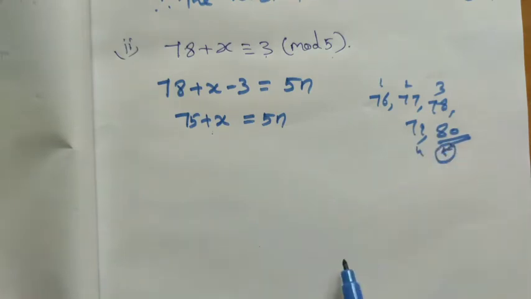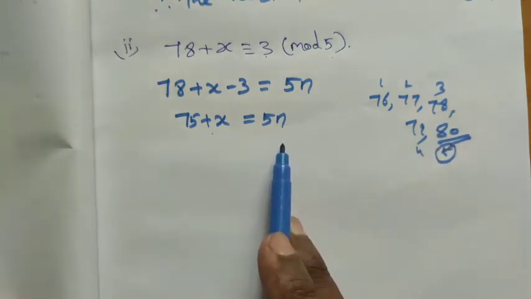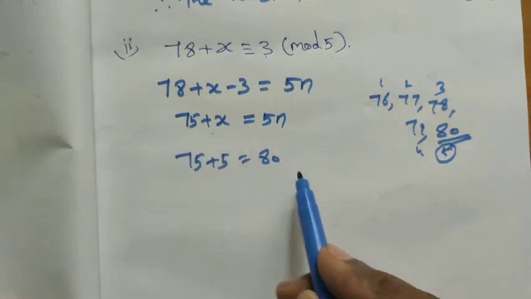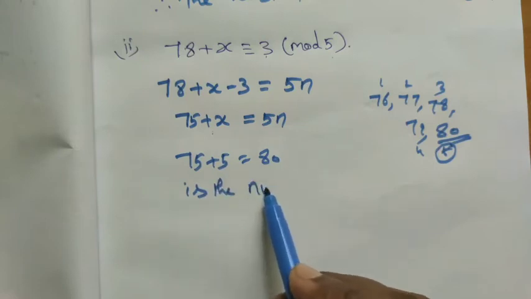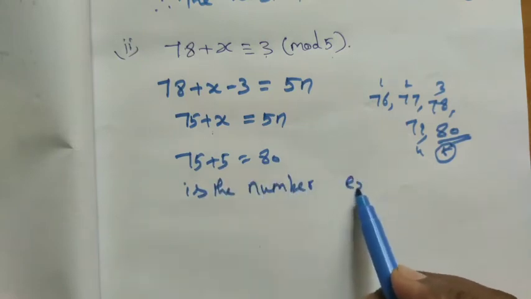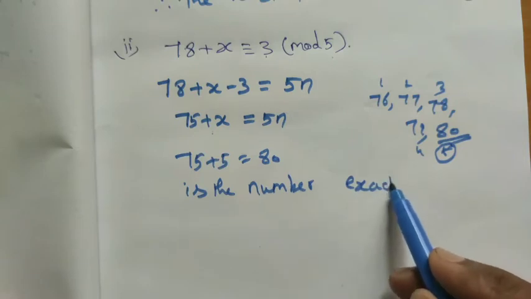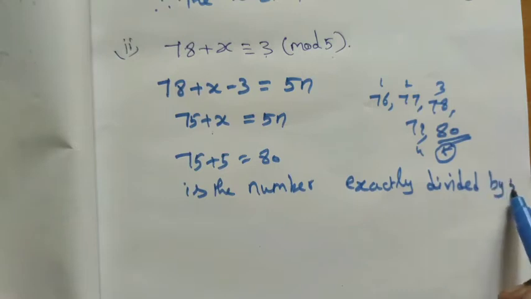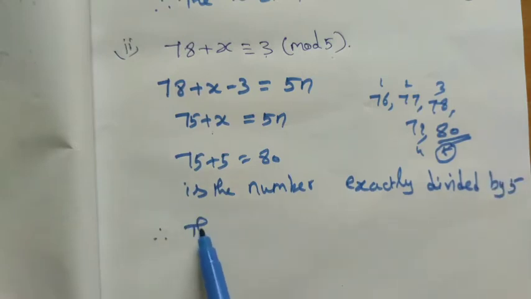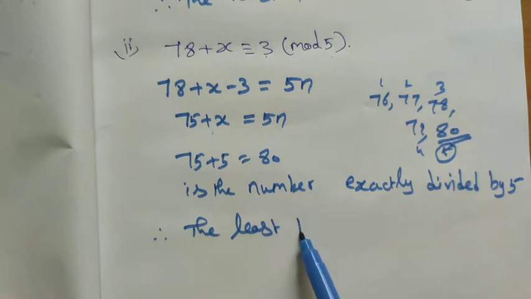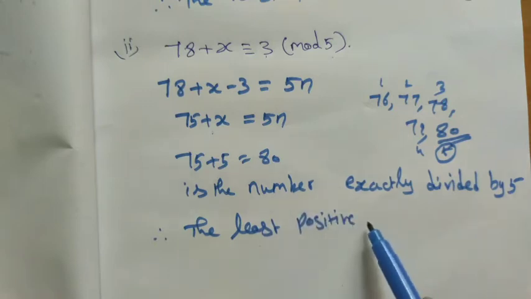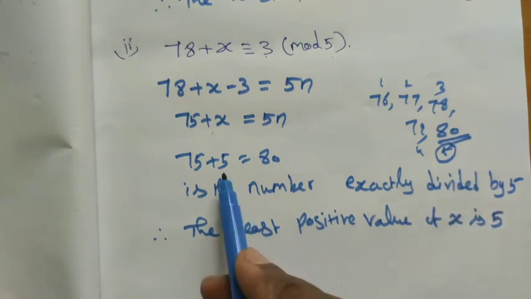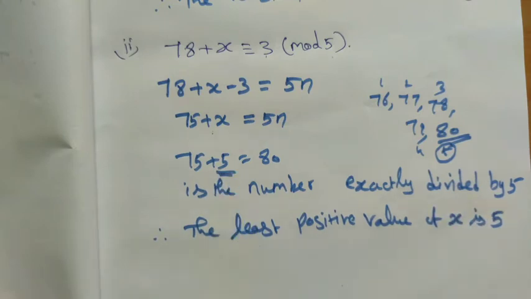When I put the number 5, 75 plus 5 is equal to 80, which is exactly divisible by 5. So the least positive value of x is 5. That is the least positive value, right?